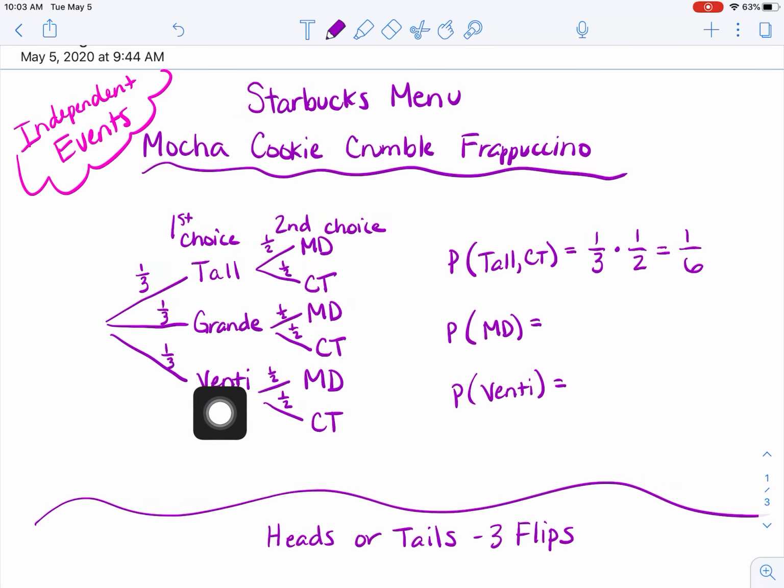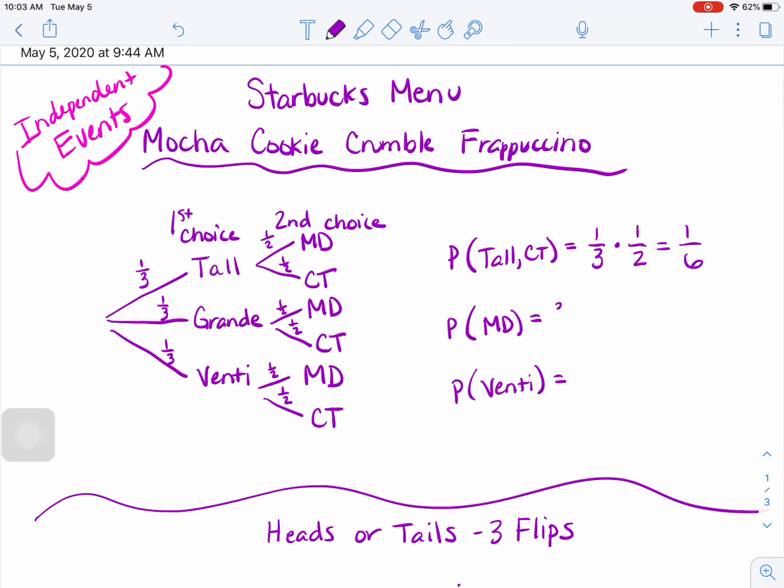A grande with mocha drizzle would be 1/6 also, and a venti mocha drizzle would be 1/6. So 1/6 plus 1/6 plus 1/6 is going to end up being 3/6 or 1/2. So either way, you can get to that same answer: half of my outcomes are going to involve a mocha drizzle. The other half would involve the cookie topping.